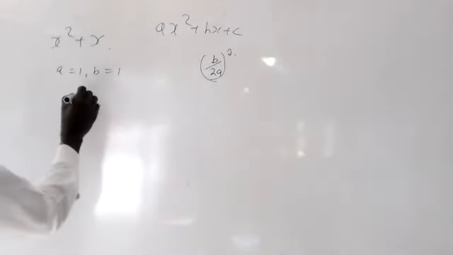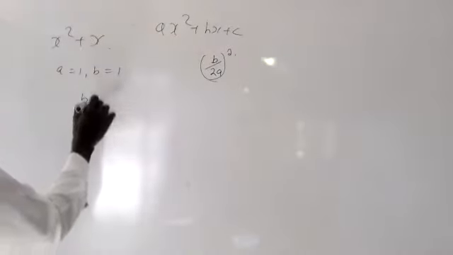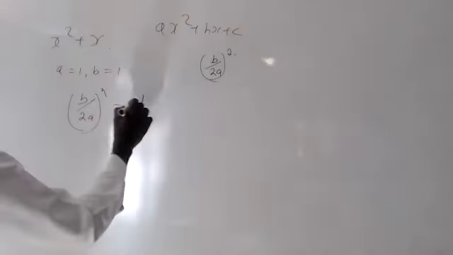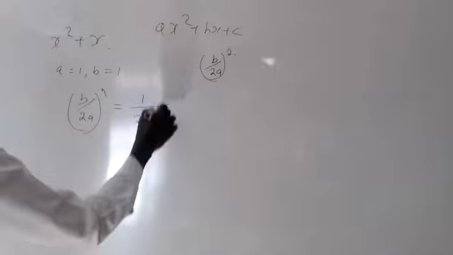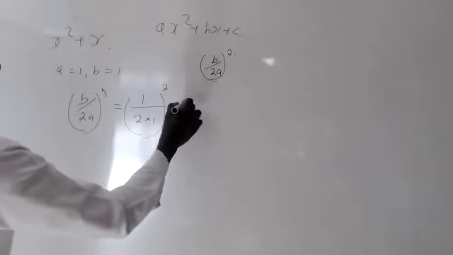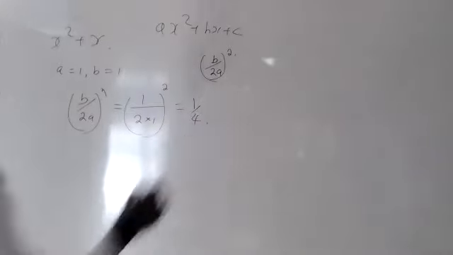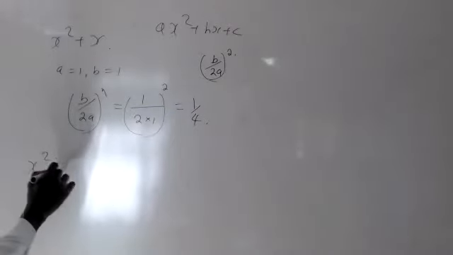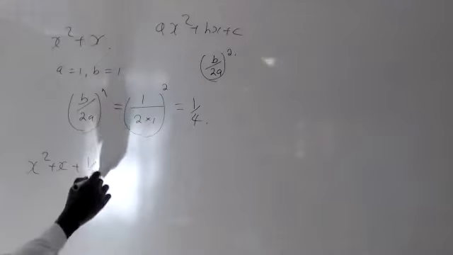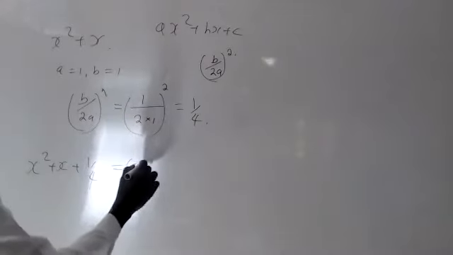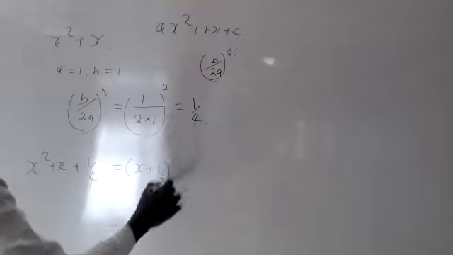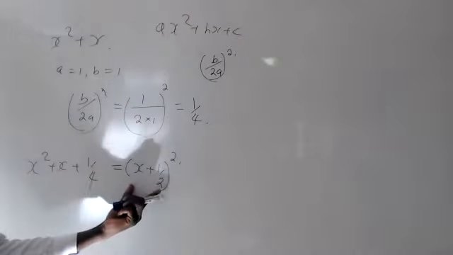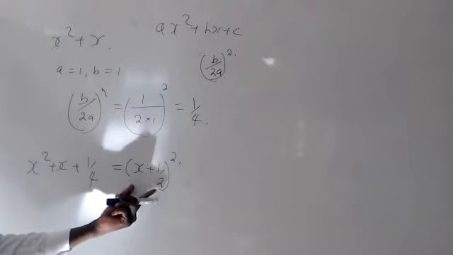So b is 1, a is also 1, so this is a half squared, which gives you a quarter. So you have x squared plus x plus a quarter, which you can also write as x plus a half squared. Now it's a complete square because you can find the square root of this. It's actually a perfect square.